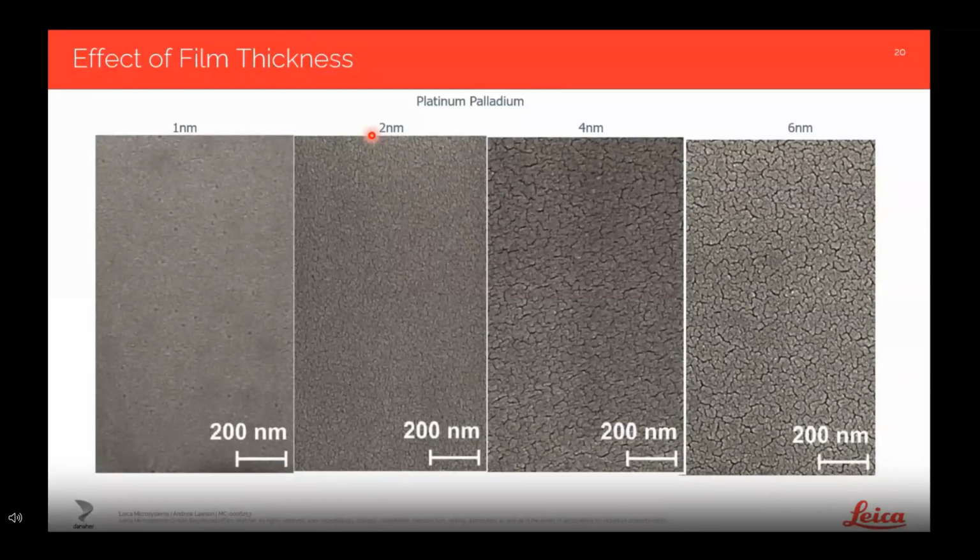There we might need to go a little bit thicker, maybe 6 or even 10 nanometers, to effectively reduce the charging. But that said, if we're looking at a full insect, we're typically not needing such high resolution. You can see the scale bar here is 200 nanometers. We're not commonly going to such high resolution for large scale insect imaging.